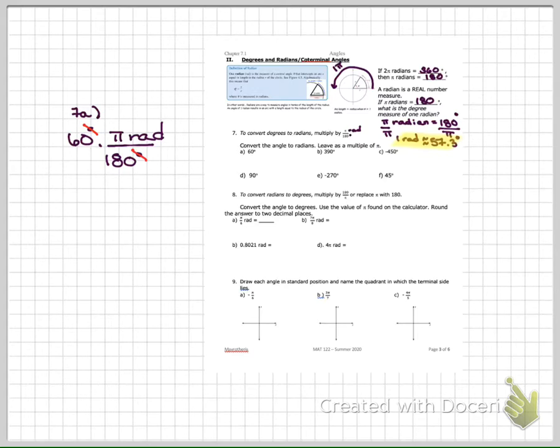So if I have degrees in the numerator and degrees in the denominator, I can cancel those. So now I get 60 times pi, the only unit I have left is radians, over 180. 60 goes into 180 evenly, so we can reduce that and we get 1 pi over 3 radians.